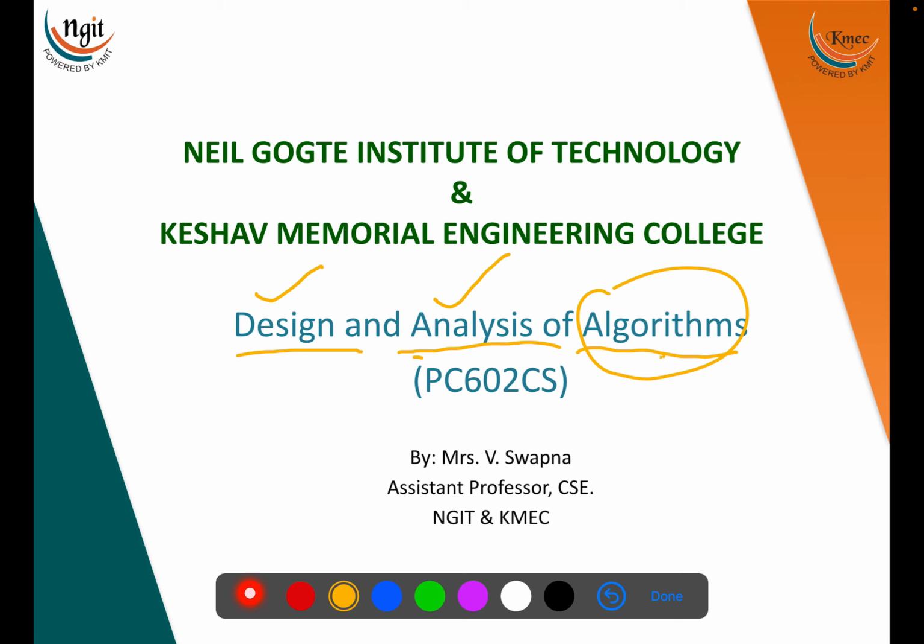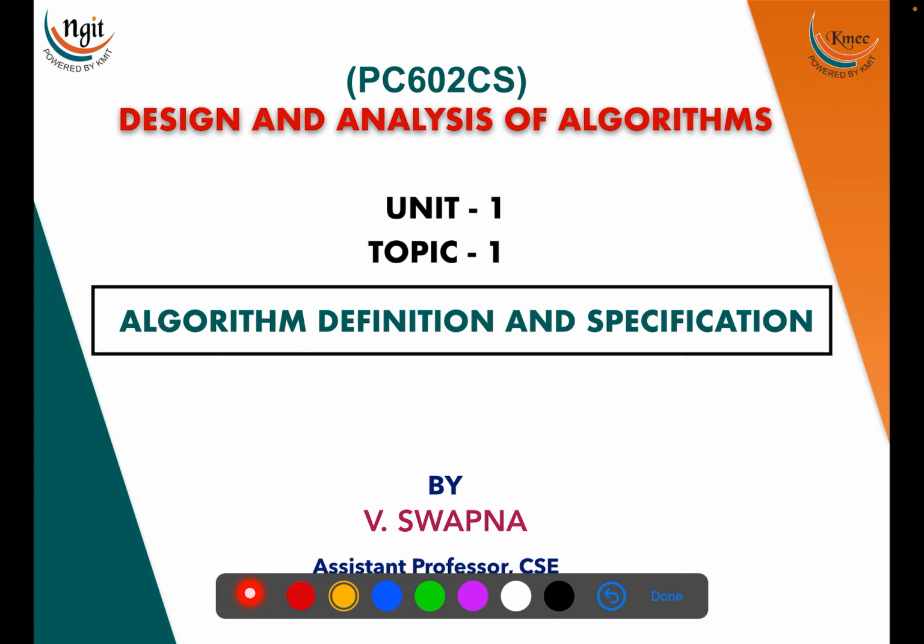This subject is going to have 5 units and we'll see each unit, each topic, with explanation. Now let's start with Unit 1, Topic 1. The topic is: algorithm definition and specification.